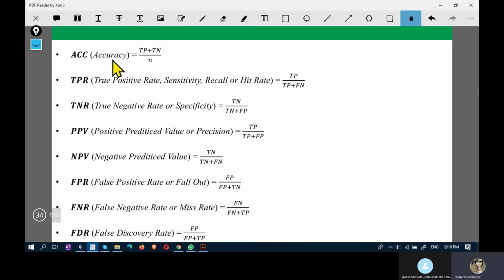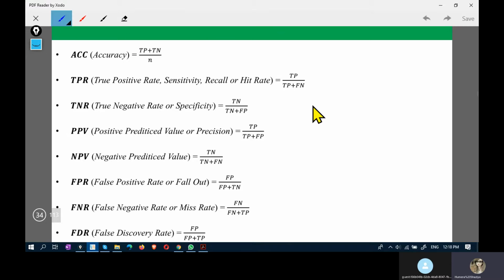Accuracy. How do you calculate accuracy? Again, if I put here predicted plus, predicted minus, actual plus, actual minus: true positive, this is false negative, this is false positive, and this is true negative. How do you calculate accuracy?